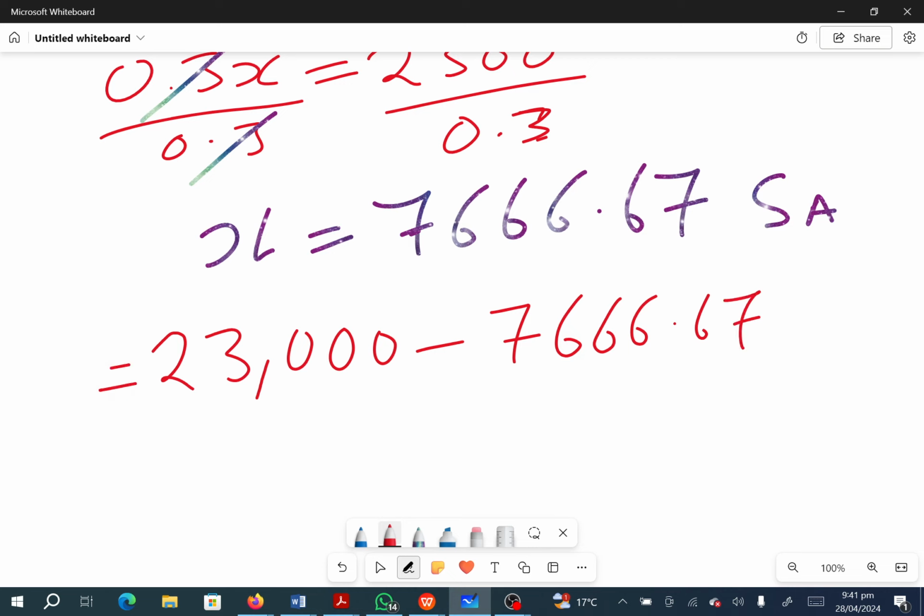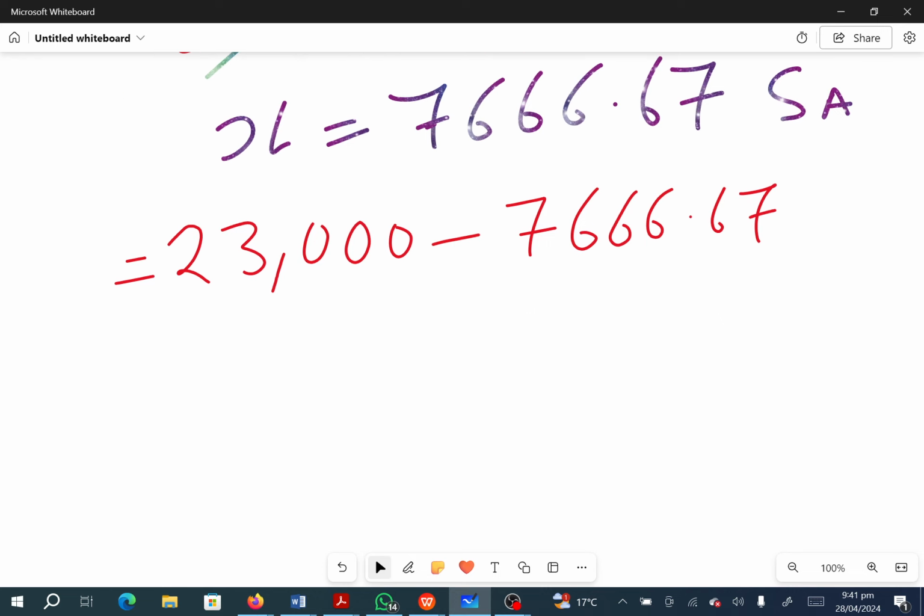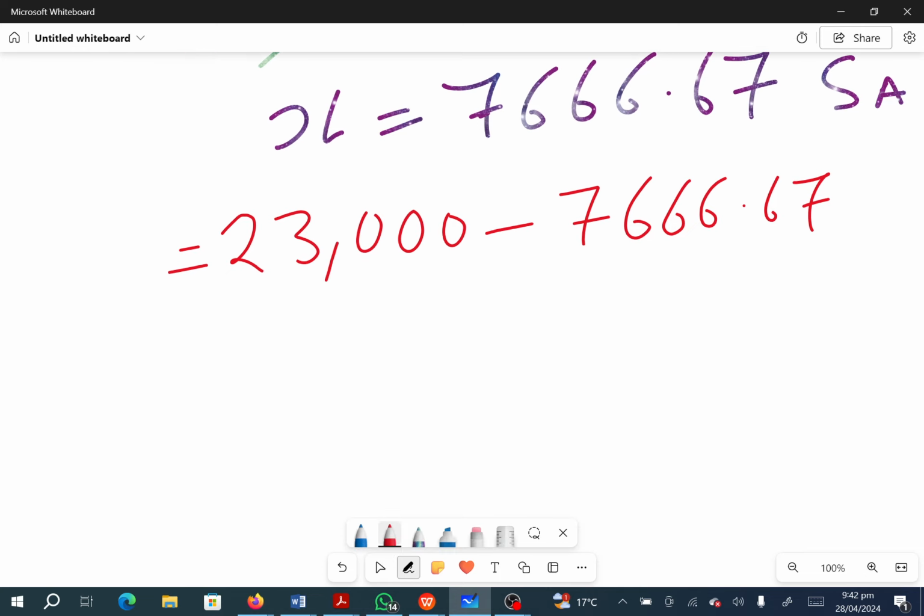So when we subtract, we say 23,000 minus 7,666.67, we are getting 15,333.33.